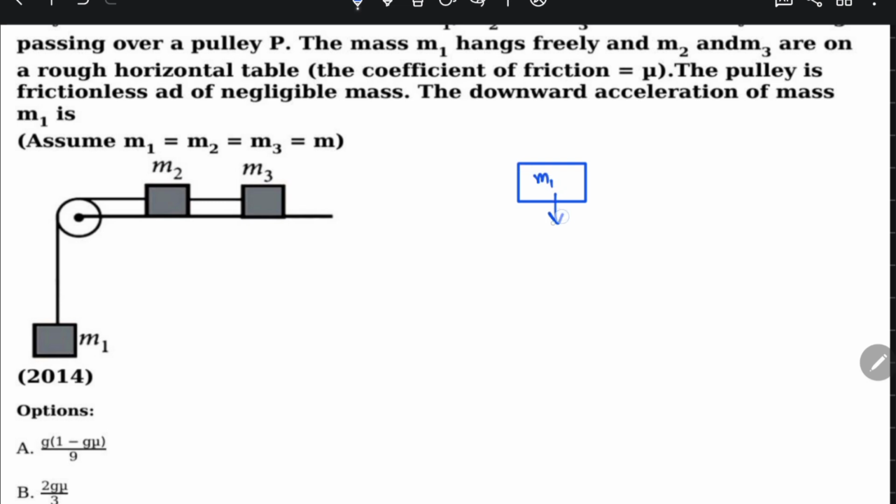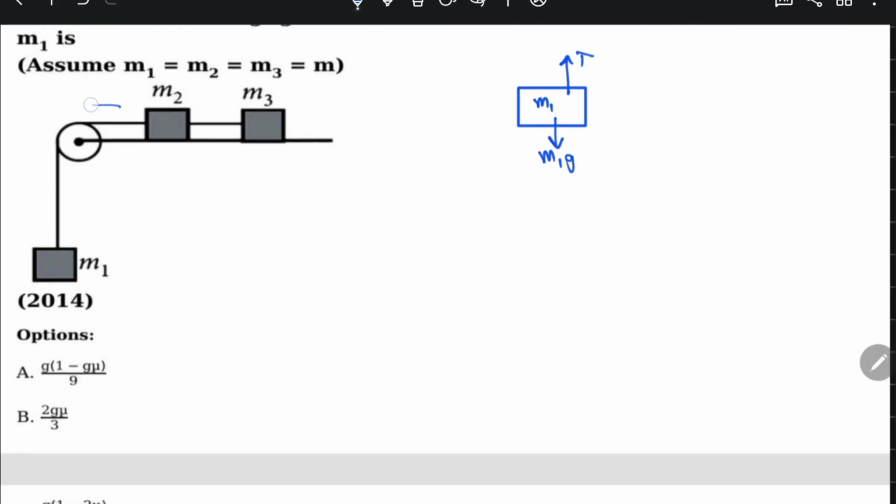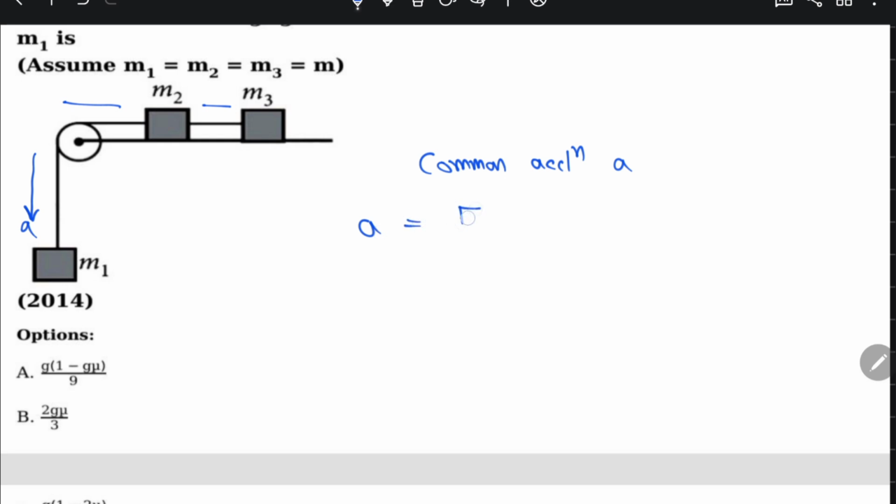Here this is m1g, here T is acting. Every block is attached to the string, so they move with a common acceleration, right? So the common acceleration a is equal to F net divided by m total.